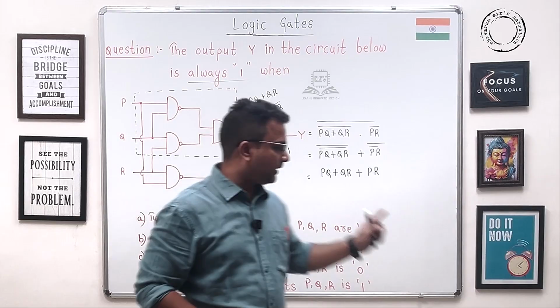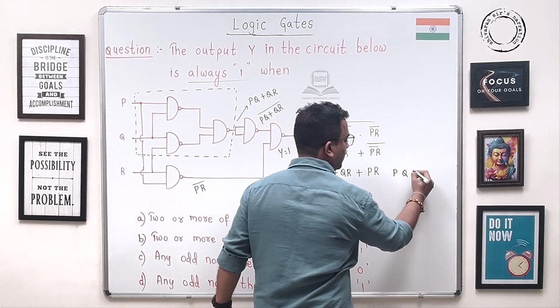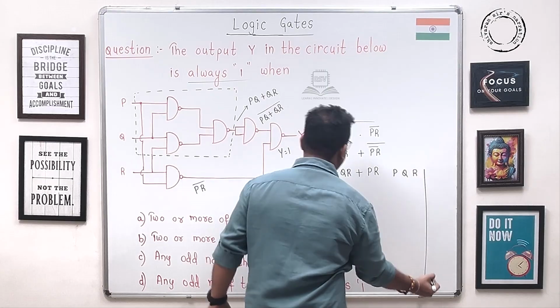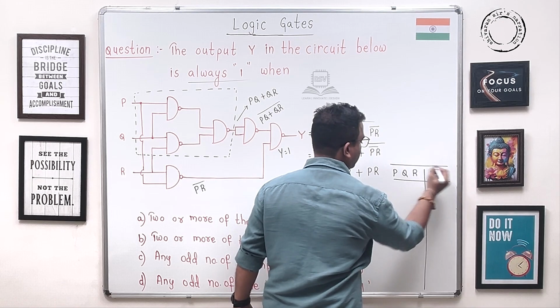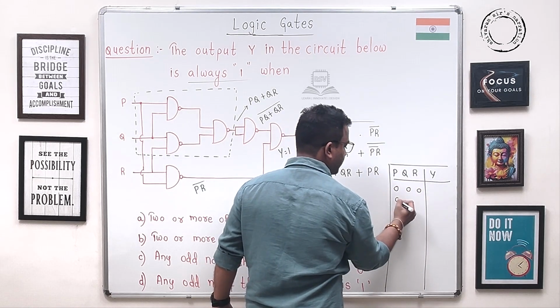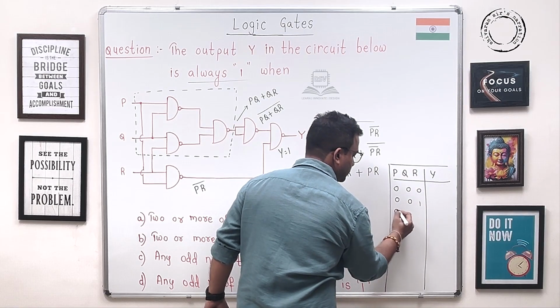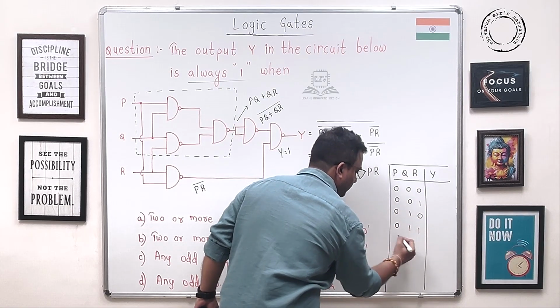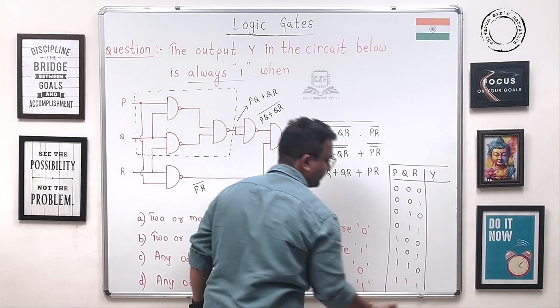Hence guys, here we can say PQR and the output is Y. For 3 variables, we will get 8 combinations: 000, 001, 010, 011, 100, 101, 110, 111.